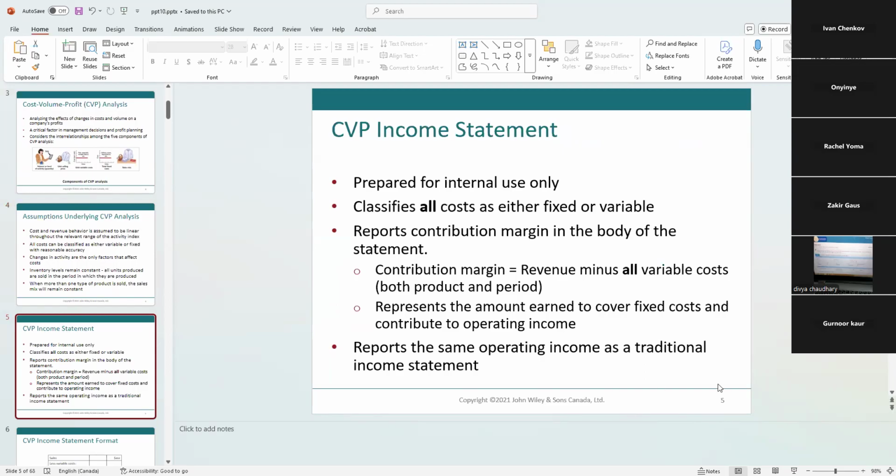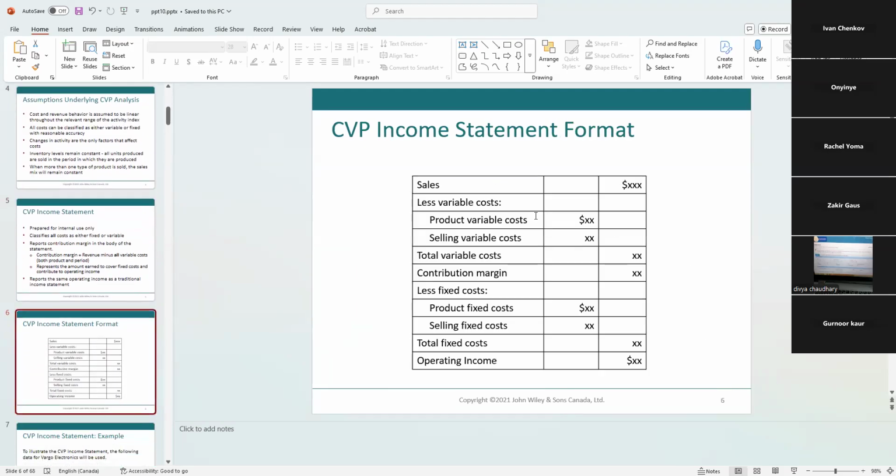For our purposes here, we're going to use this contribution format income statement, which starts with sales. Then we're going to get the variable cost, and we're going to come up with the contribution margin. Then we're going to take out the fixed cost, and we're going to see operating income. Example will be here.